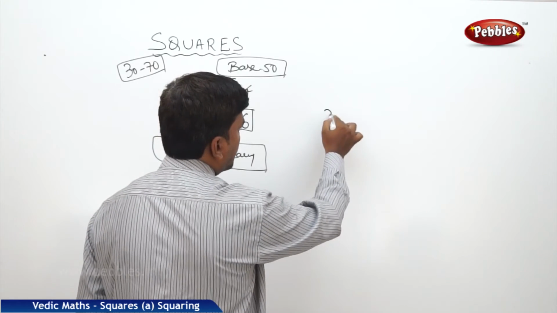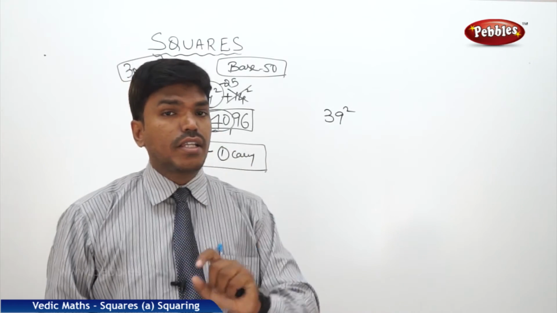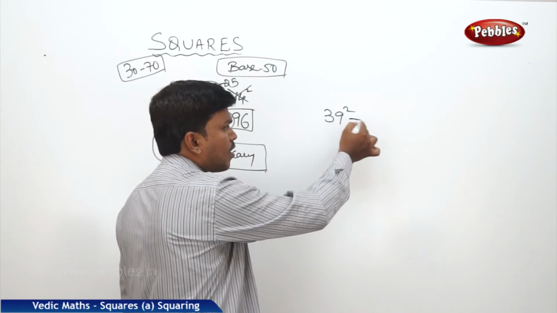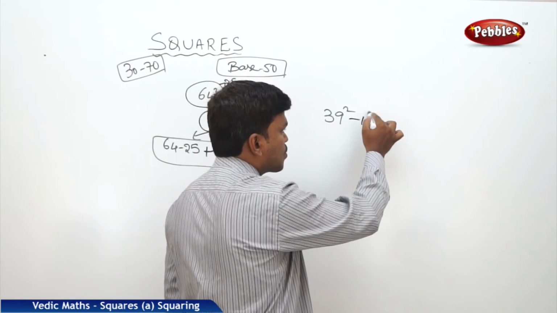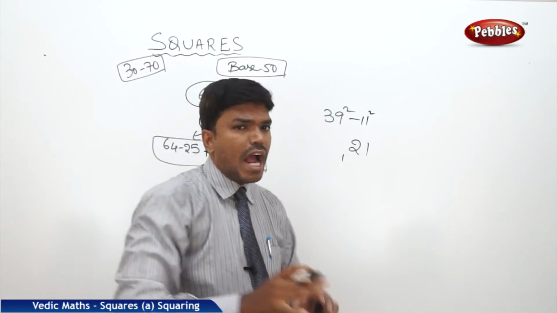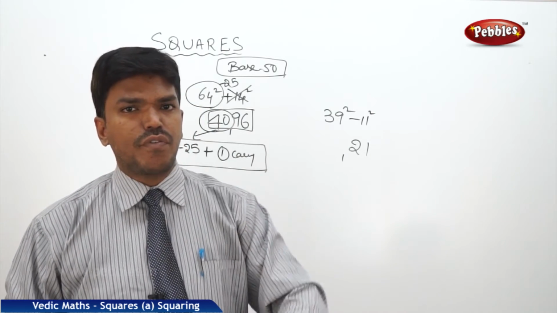Suppose I need 39 square. If I compare 39 with 50, is it more or less? It is less. How much less? 11. What is 11 square? 121. Writing 21 and 1 as carry. Until here the concept is the same for base 100 as well as base 50.